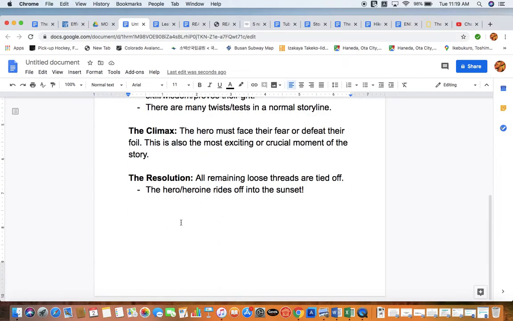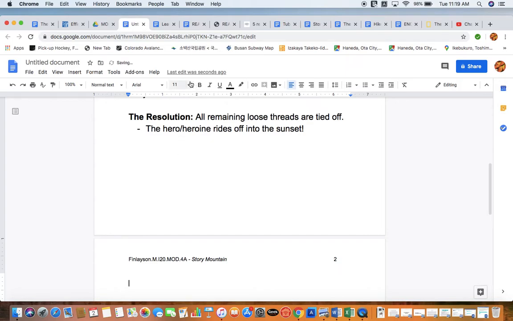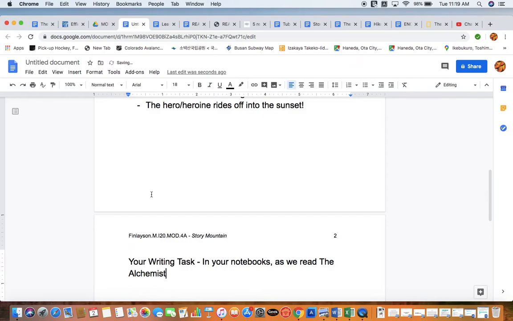So let's go to the next page of my worksheet here. Your writing task in your notebooks, we'll put a comma there, as we read The Alchemist. We're following APA format here, so we always italicize the title of the novel.